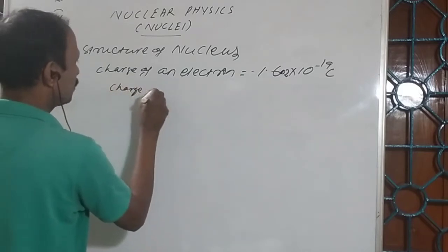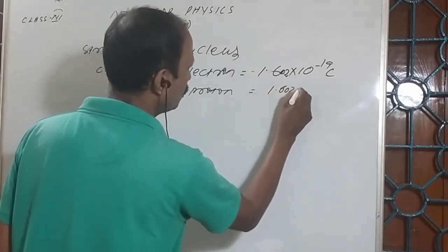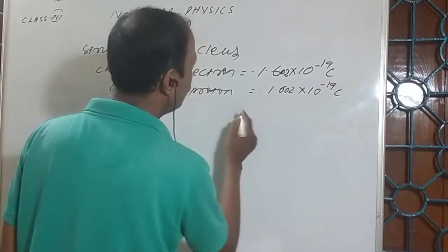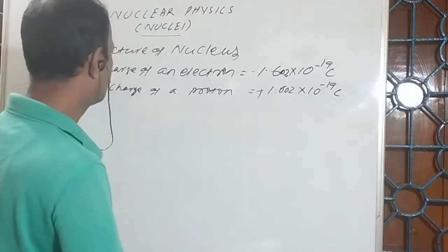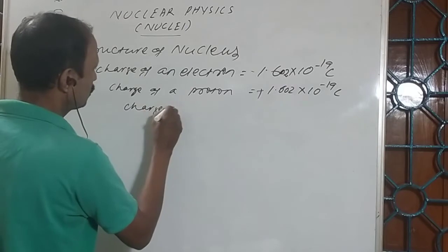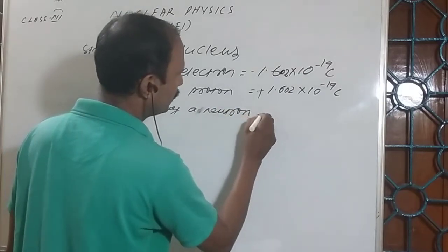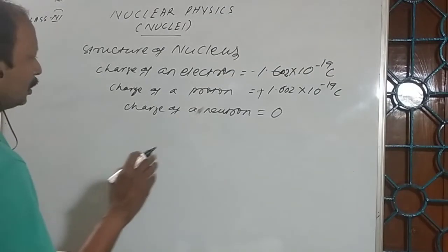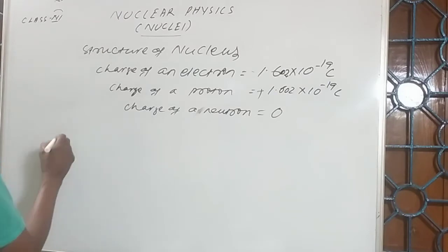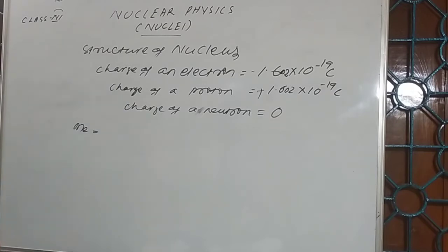The charge of a proton is the same, 1.602 into 10 to the power minus 19 coulomb, but this is negative and this is positive. And the charge of a neutron is 0. That means the neutron is neutral in charge. What is the mass of an electron? You know that the mass of an electron is very small in comparison with the mass of a proton.